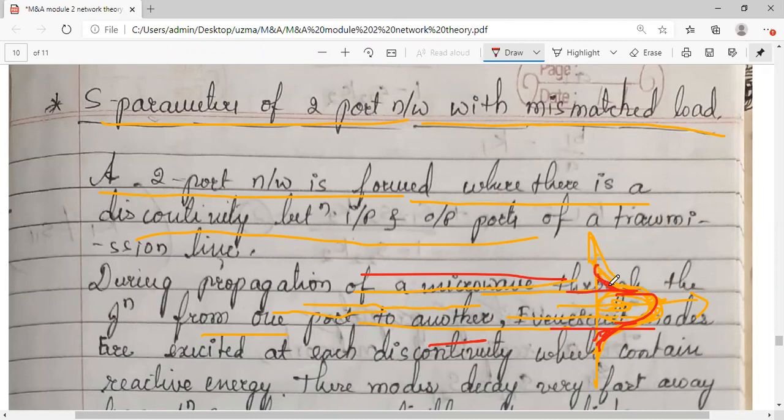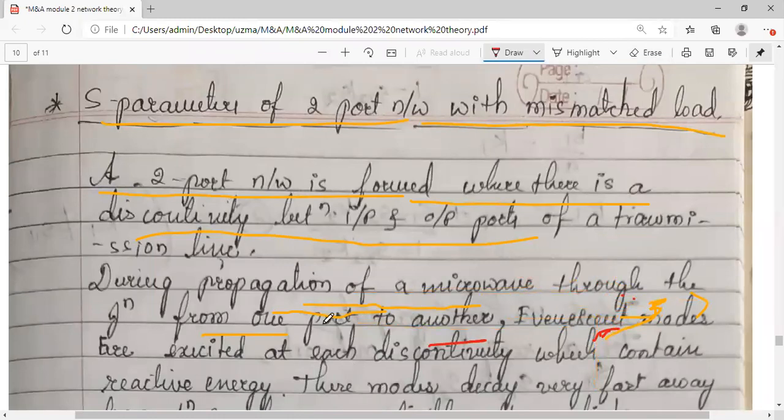When the field is entering the tapering, okay, it decays and goes to the other sides too. When the field travels, the field decays like this, evanescent modes are excited, which are actually unwanted. We don't require it. So that's why you can see here what is written.